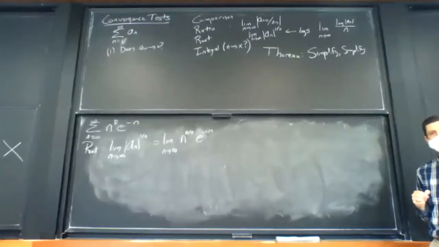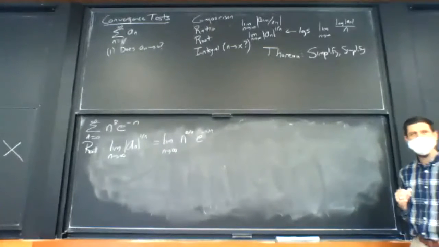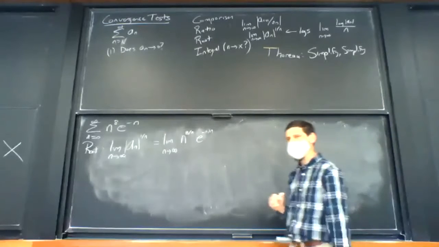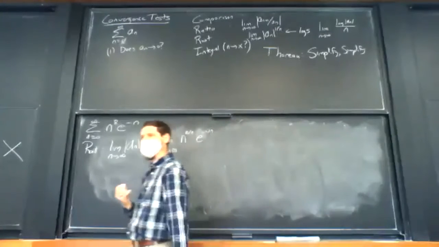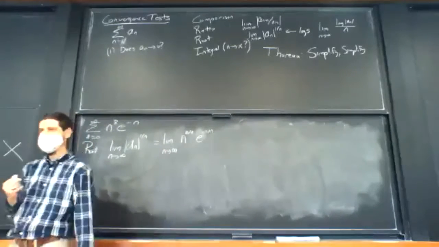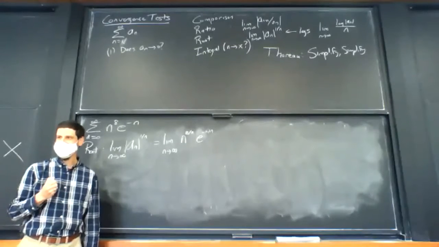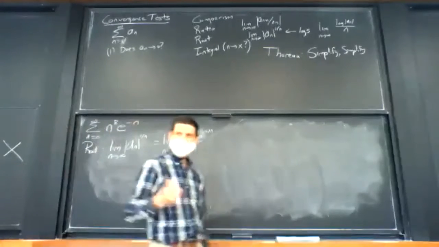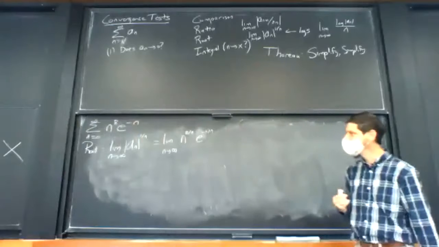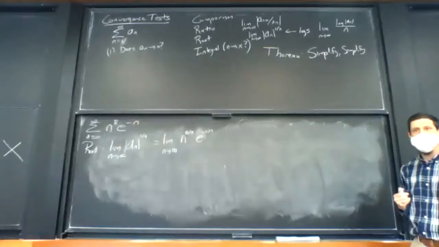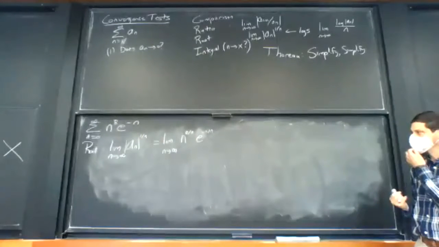Does this look familiar? This would not look familiar in section 1, but we did something a little bit different in section 2. Where have we seen this before? Yeah, you asked about this using the comparison test, right? So there are many ways to get to the same algebra.